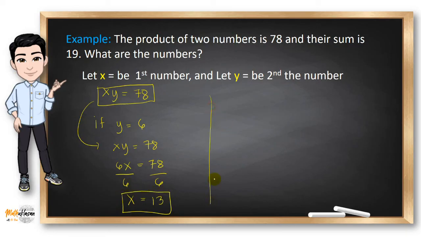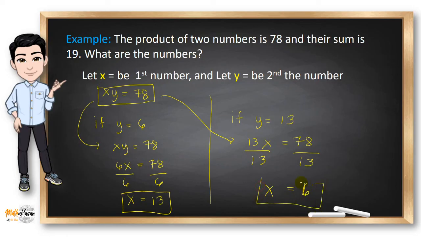Now, if y is equal to 13, again using this equation, this will become 13x equals 78. Dividing both sides by 13, we'll have x equals 6. So either way, we only have two numbers, 6 and 13.